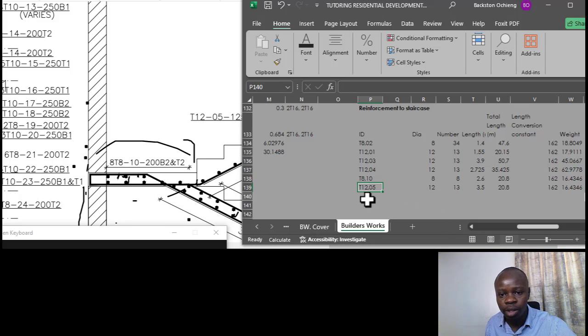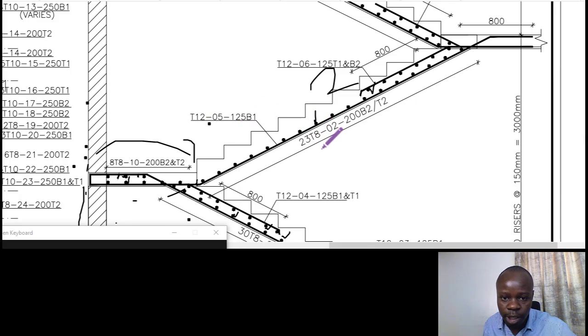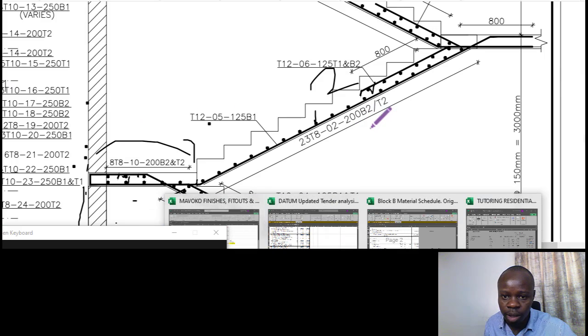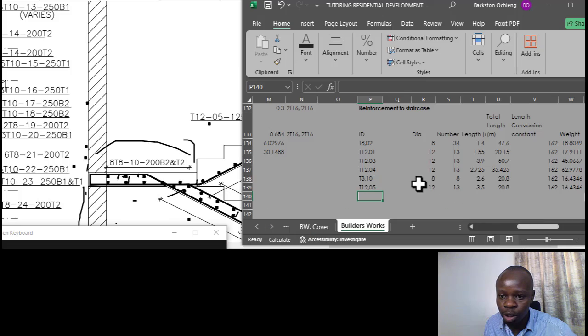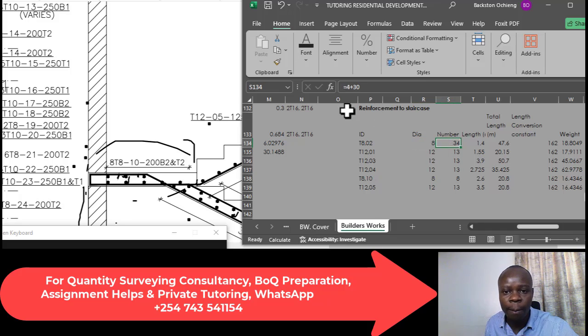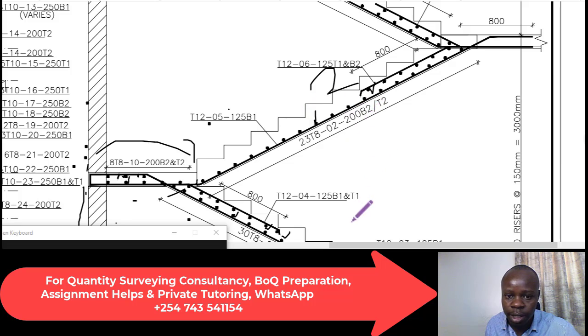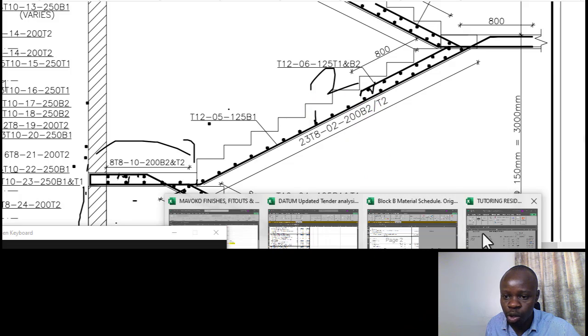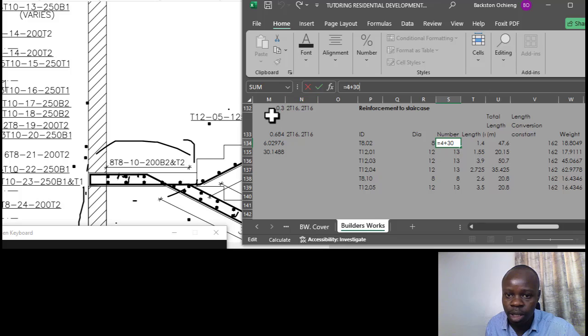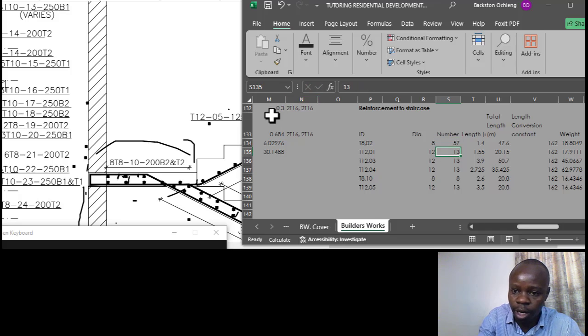Okay, so let's get to work. This is T8, bar mark number 02. So that means we can add it here, and for the number there are 23, so we add 23 here.